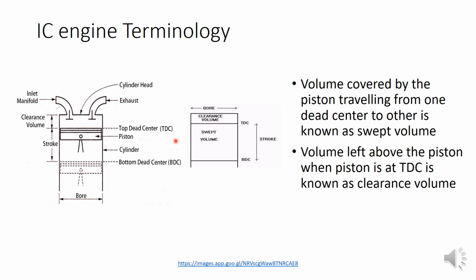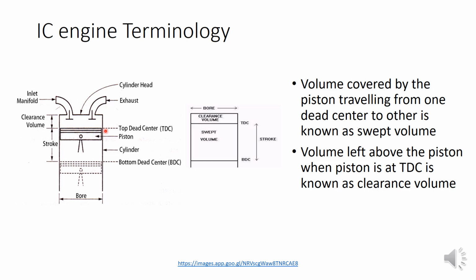And we have one more volume, the clearance volume. You can see a small volume marked here. That is the volume left above the piston when it is at the TDC. Why is it provided? Because the valves are continuously moving upward and downward, so the piston cannot reach the maximum point of the cylinder, as it would hit and damage the valve.